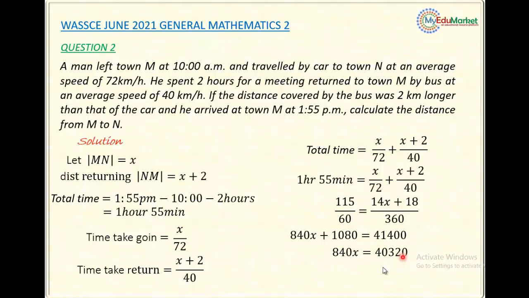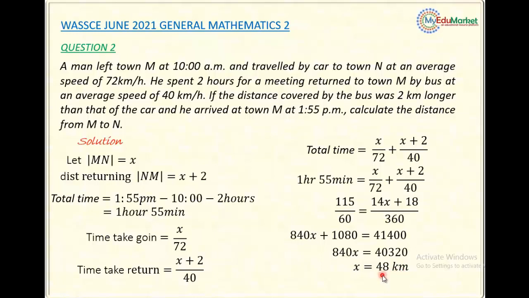Next is to divide both sides by 840. I will now have x equals 48 kilometers. So the distance from M to N is 48 kilometers.